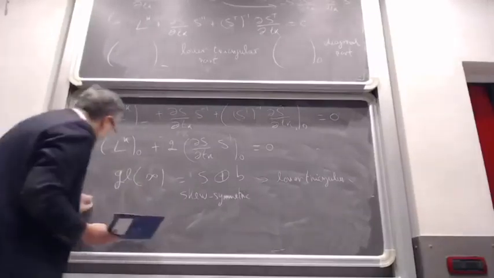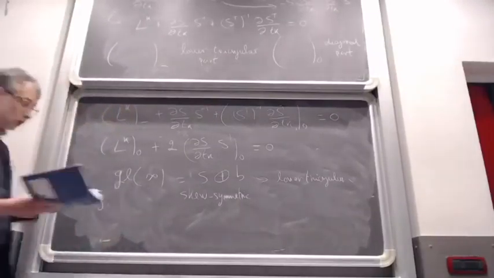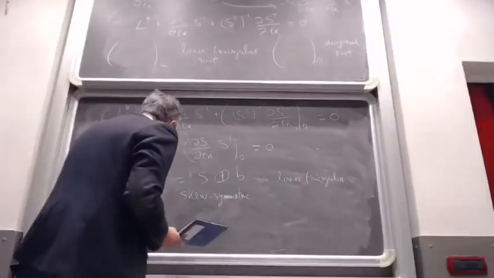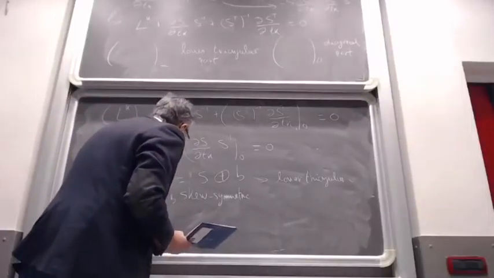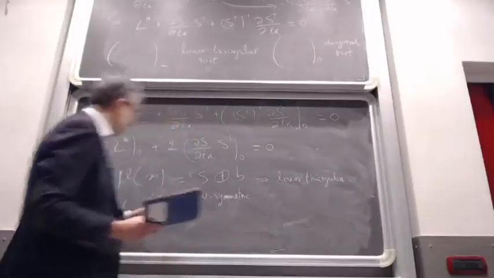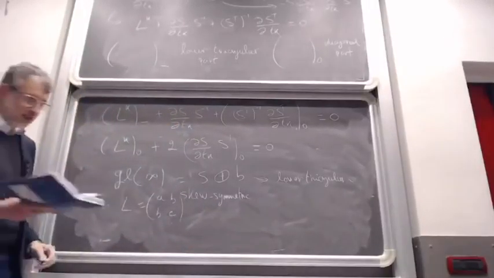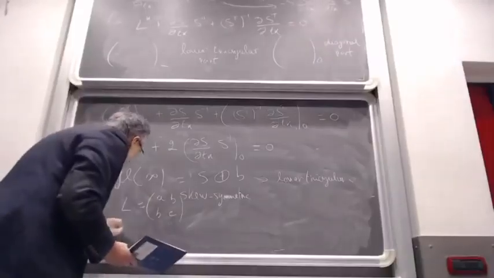Okay, let's look at an example just to visualize what we're doing. Suppose that we look at L equal to A, B, B, C. So L is a symmetric tridiagonal. This is quite trivial as an example.